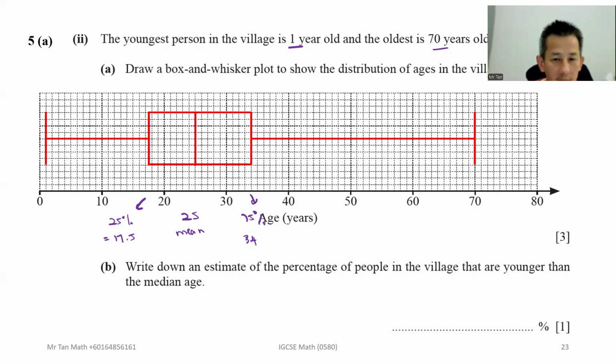B, write down an estimate of the percentage of people in a village that are younger than the median age. Okay, younger than the median age. This is not a mean, this is the median.